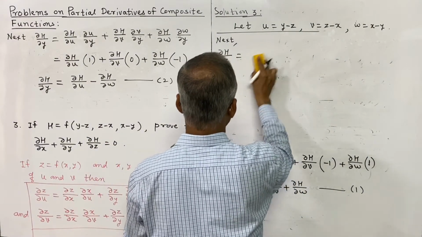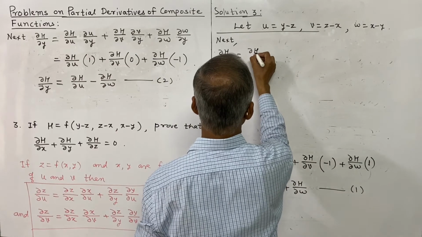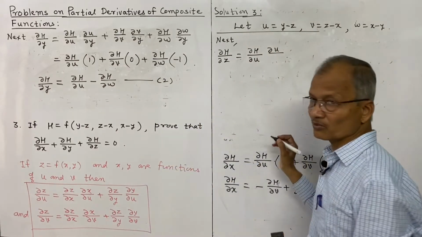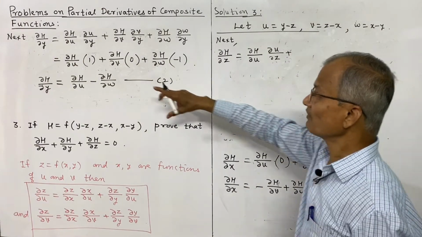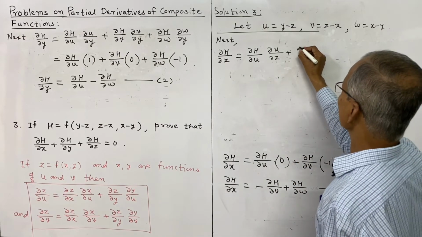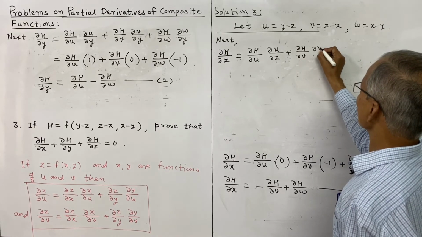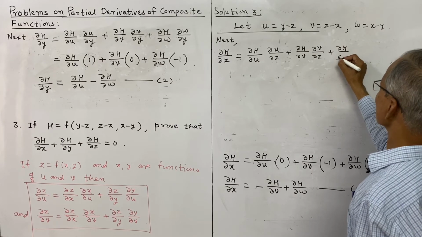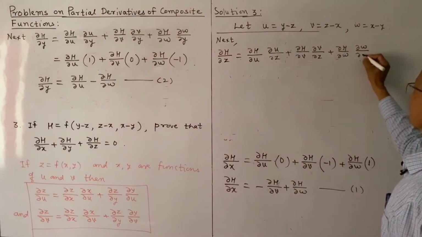Now with respect to z, we can write the partial derivative of h with respect to u into the partial derivative of u with respect to z, in place of y we have to write z, plus the partial derivative of h with respect to v into the partial derivative of v with respect to z, plus the partial derivative of h with respect to w into the partial derivative of w with respect to z.